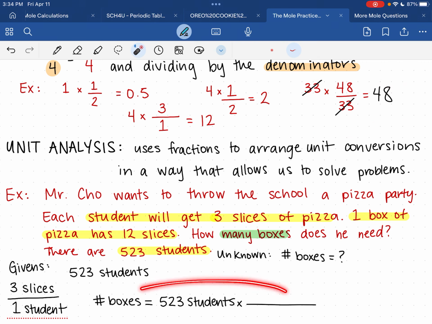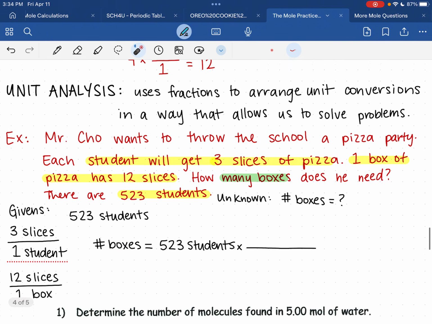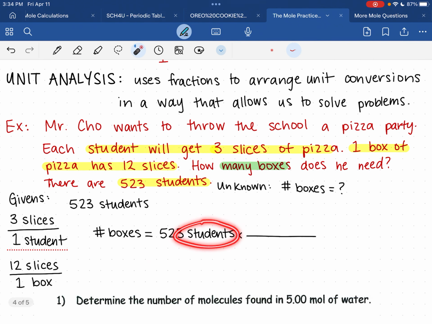But what we want to cancel out down here is the unit. So if we have students and divide that by students, then we're going to get those to cancel out. So what we really want is students to be in the denominator.